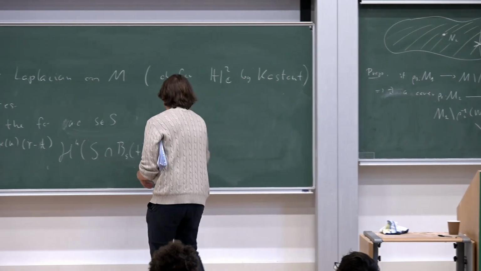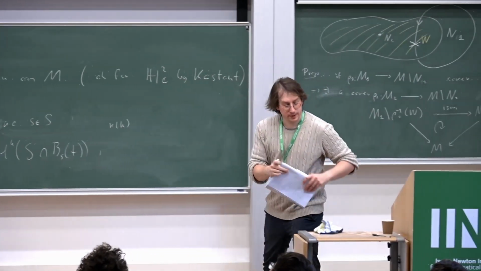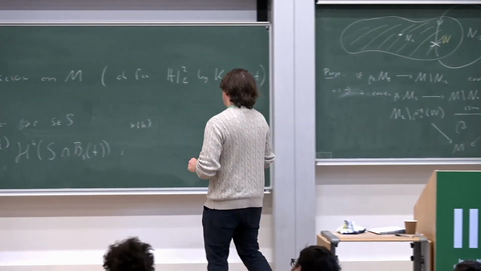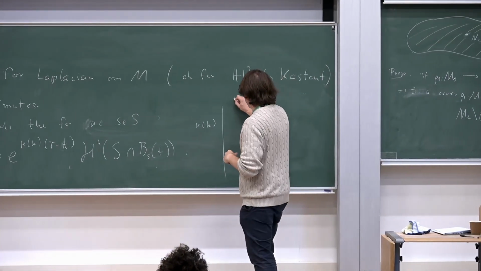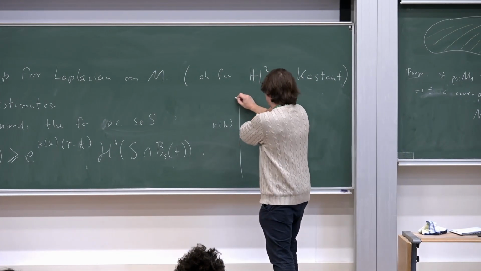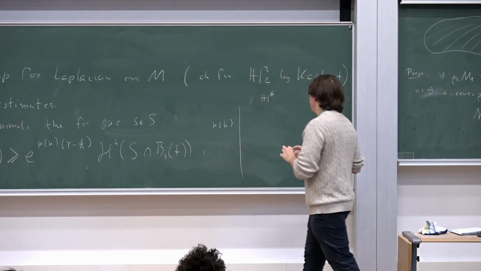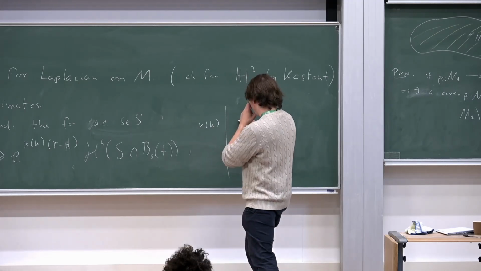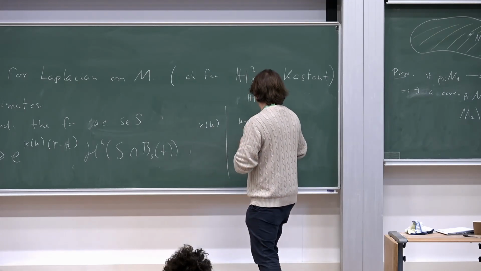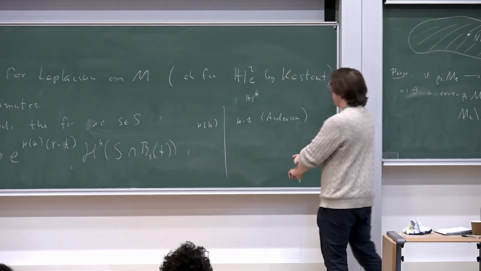And this kappa k can be computed in terms of the geometry of the symmetric space. For example, for H^n, hyperbolic space, this kappa k is equal to just k minus 1. And this is Anderson. This is classical.